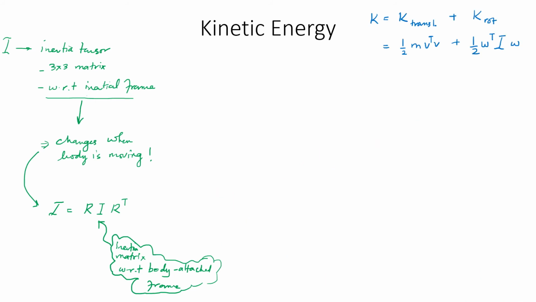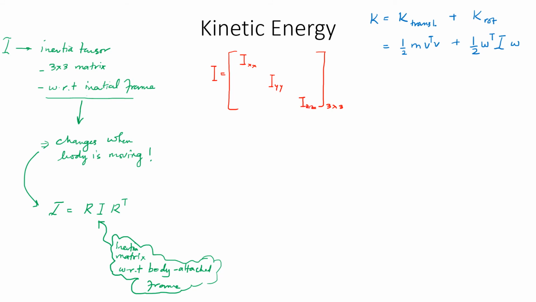Here in the inertia matrix, you are going to find that you have a 3x3 matrix, where on the diagonal you're going to have the principal moments of inertia, Ixx, Iyy, Izz.